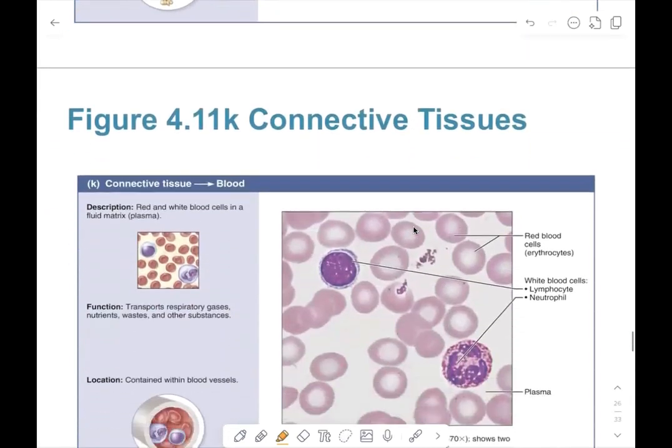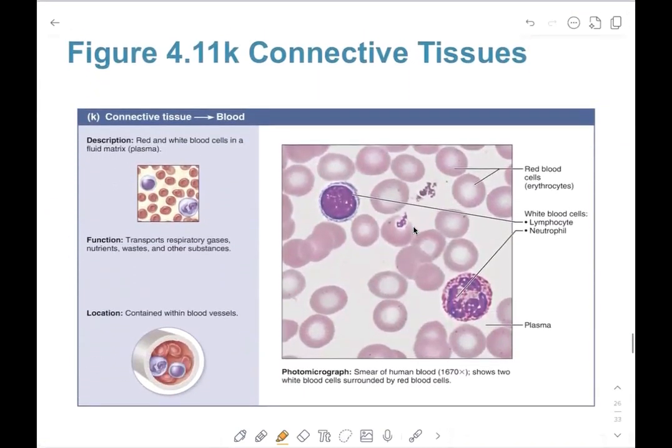The last type of connective tissue is blood. And again, remember, blood is very different from the rest of connective tissue. So it's very unique for this reason, and that's because it has a fluid matrix. Its components are red and white blood cells as well as platelets. The function of those red blood cells, or erythrocytes, is to transport gases, nutrients, waste, and substances.